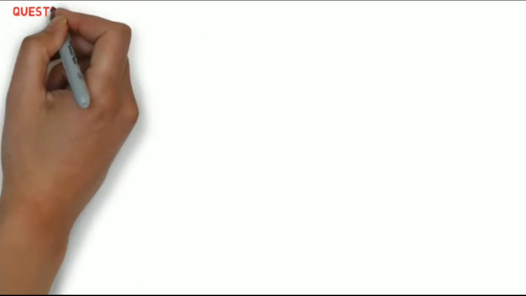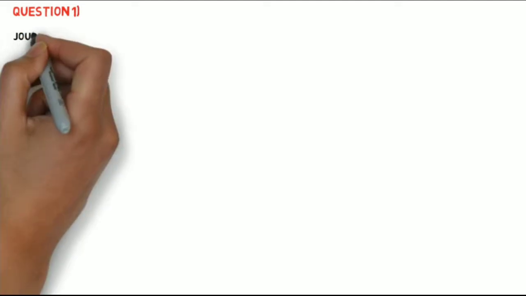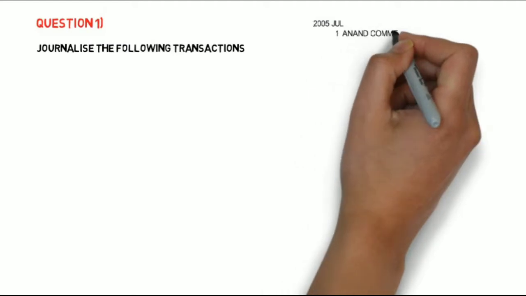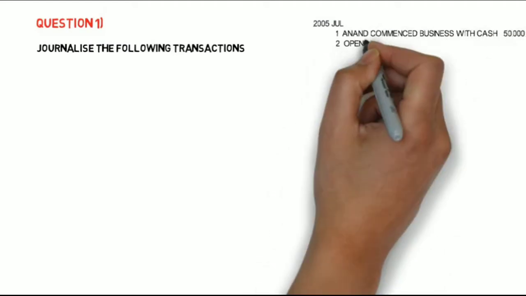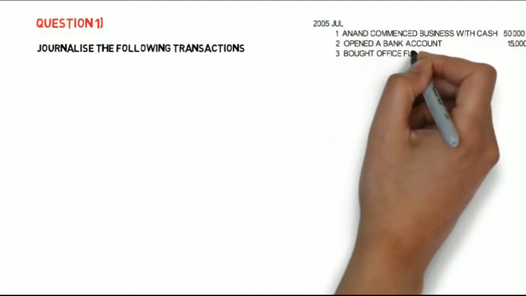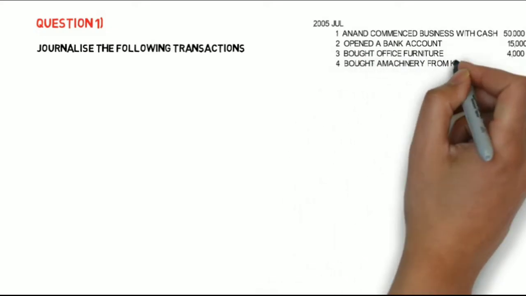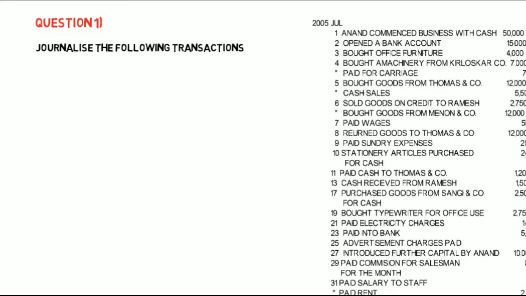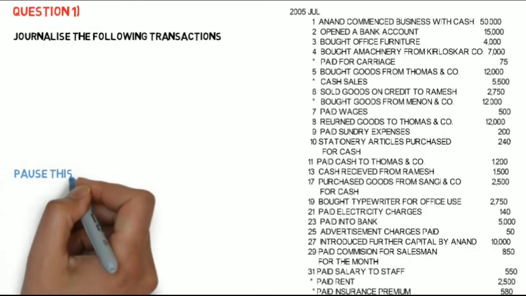Okay, so now all of you open a fresh page in your Tally notebook, pause this video and write this full-fledged question in your notebook. For commerce students, do this question and solve the question given in the description box.